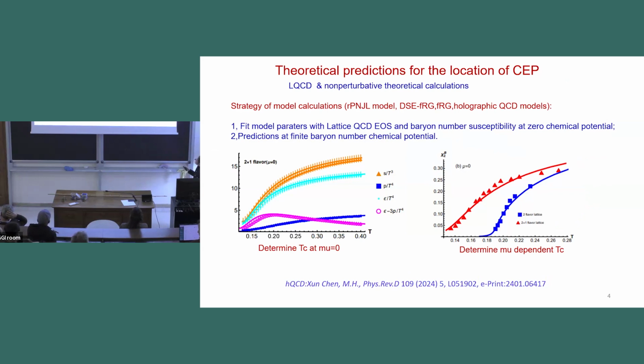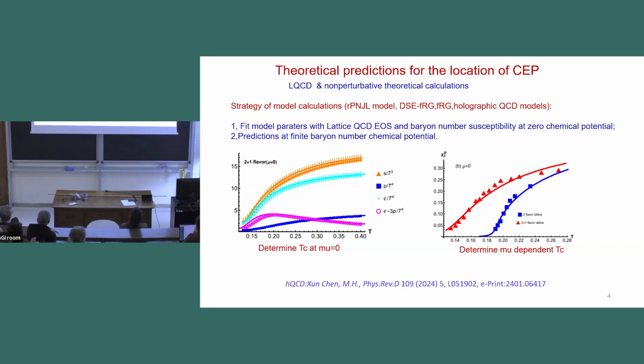So for all these non-perturbative frameworks, the strategy is like this. Firstly, at zero chemical potential, you can fix the model parameters with the lattice QCD equation of state, and also the baryon number susceptibilities.